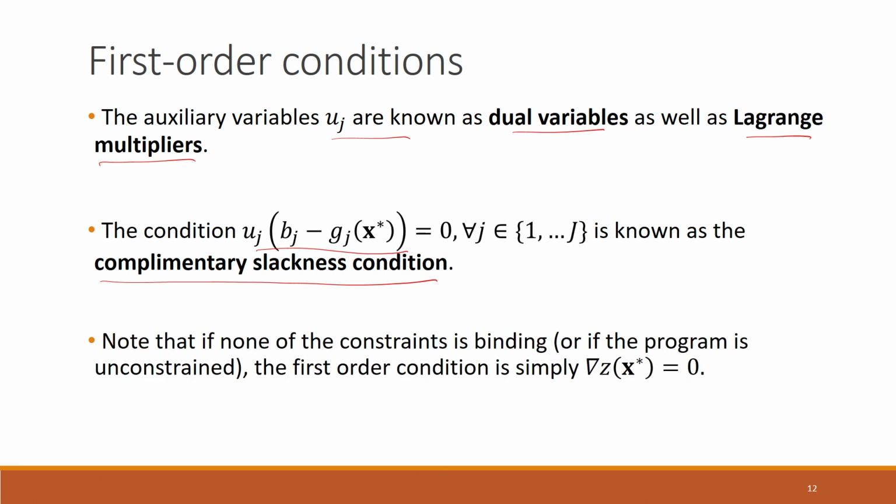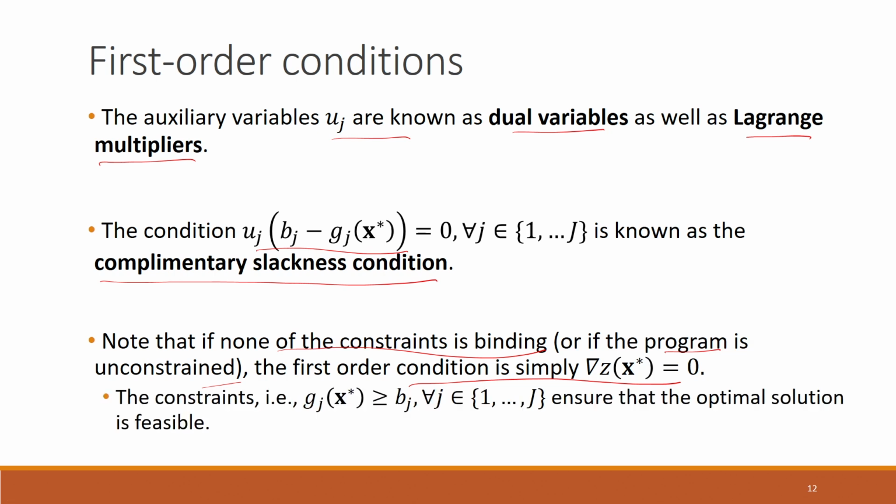Note that if none of the constraints is binding, that is, the program is unconstrained, then the first order condition is simply that the gradient of z at x star is equal to 0, subject to the assumption that x star is a feasible solution, that is, gj(x star) is greater than or equal to bj. Why is this? Because when none of the constraints is binding, for each constraint j, uj will be equal to 0.